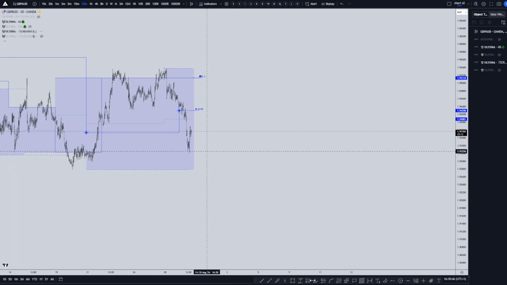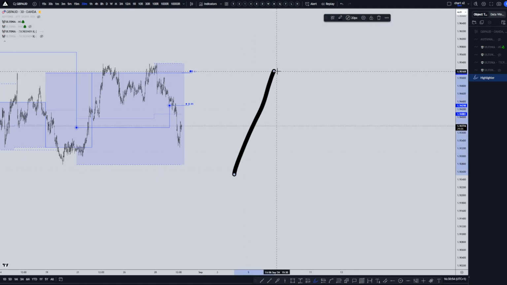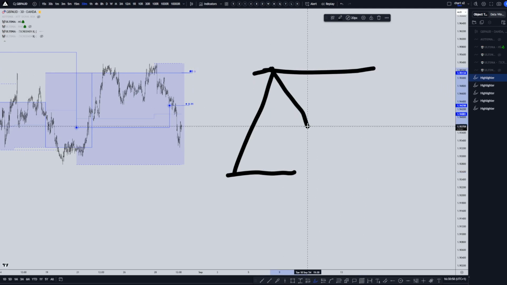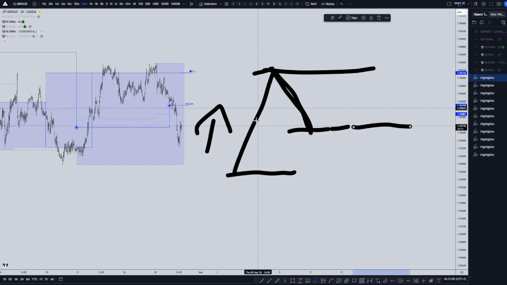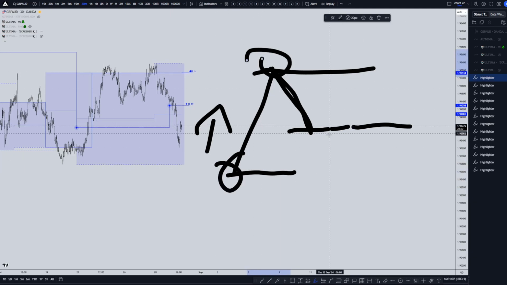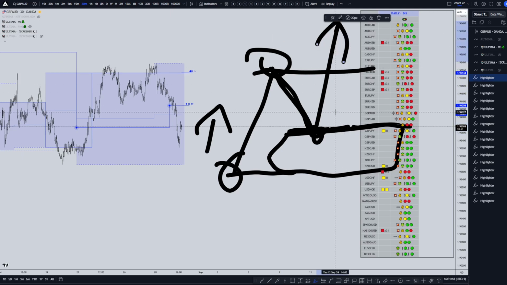So ICI stands for impulse correction impulse. Basically, if we have an impulse and we have a structural low and structural high, and the market pulls back, and we have a bullish market structure break, and we have a pullback to 50% of this structural low, structural high, and price is in discount, then we anticipate for this correction to end and start moving higher again.